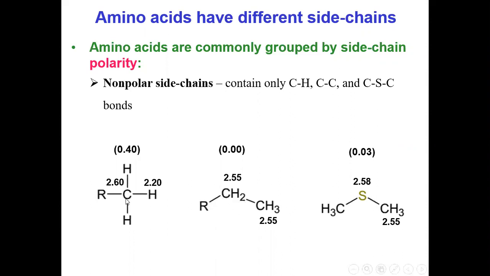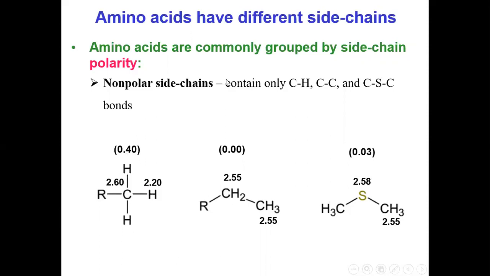But also in this case, where a carbon atom is bonded to a hydrogen, the difference in electronegativities is very low. It's only 0.4 units. And that's because the electronegativity of carbon is also low and similar to that of hydrogen.